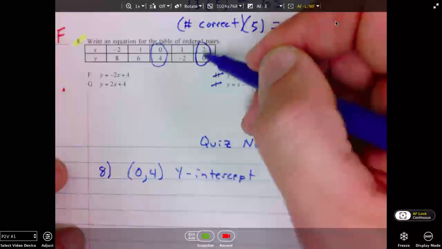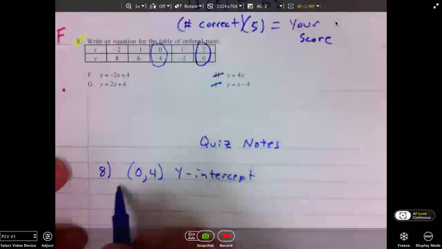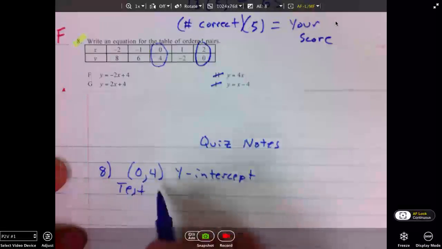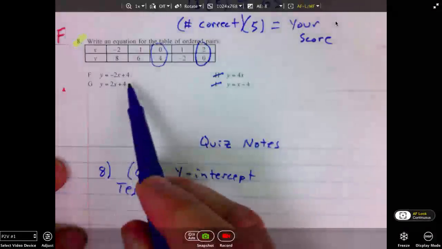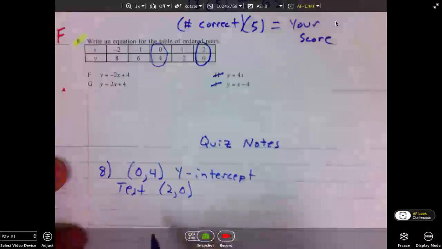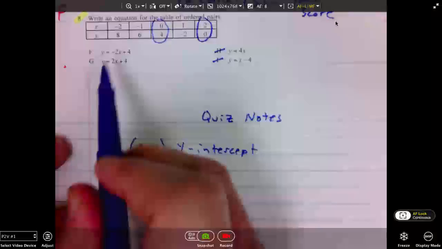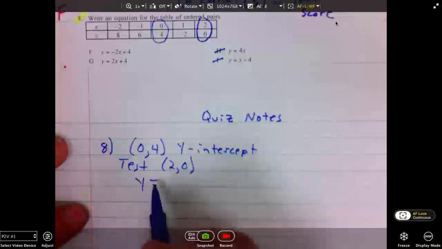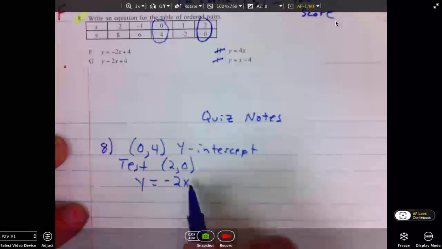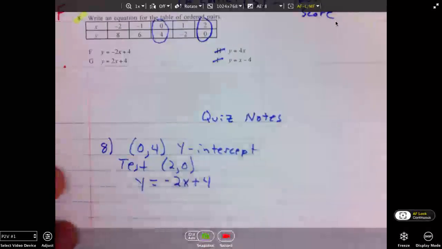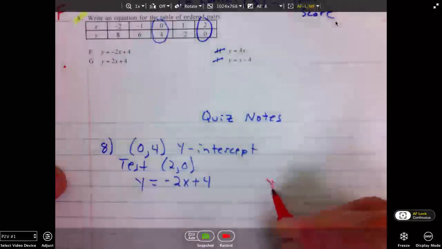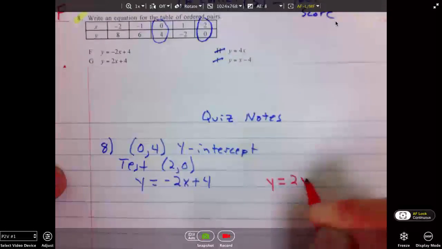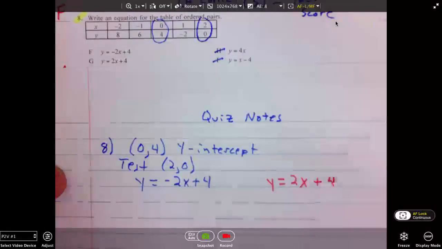Pardon me, the point 2 pairs with 0. I'm testing 2, 0. It's going to work in one of these and not in the other. So here we go. Testing 2, 0. For f, we have y equals negative 2x plus 4. For g, we have y equals 2x plus 4.